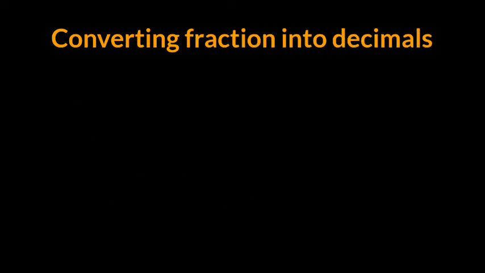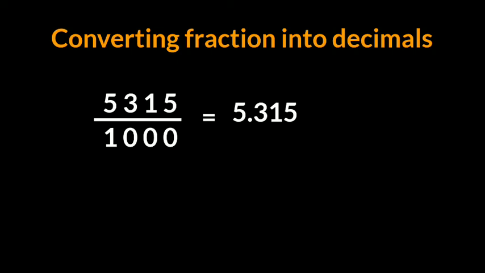Now, converting fractions into decimals, which is like the opposite of what we just did. To do that, we're going to use the previous answer, which is 5,315 divided by 1,000. How do we convert that into decimals?